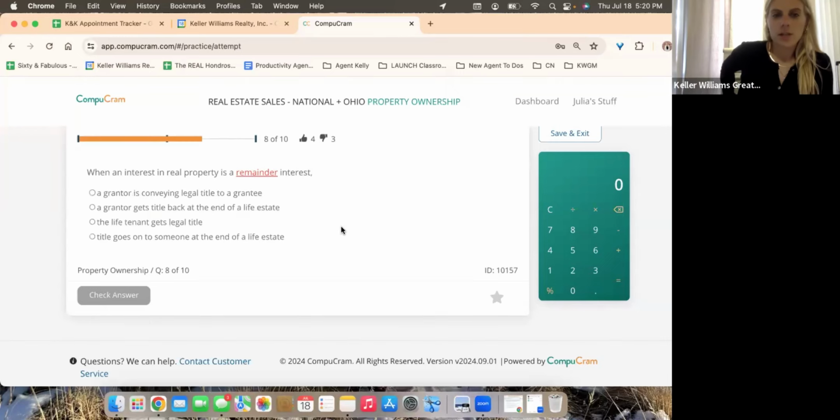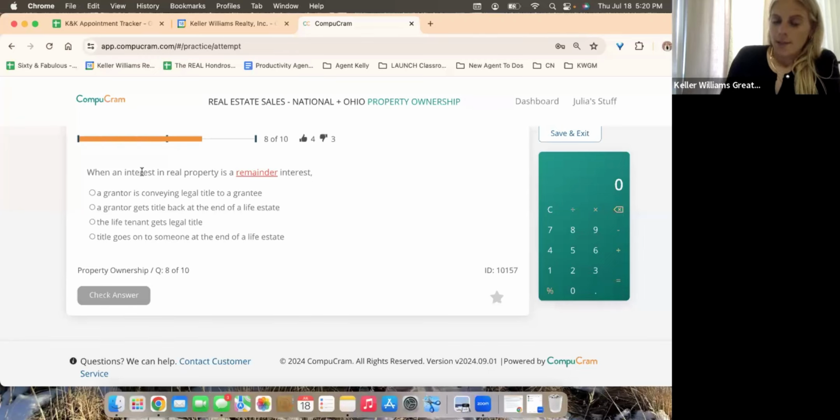When an interest in real property is a remainder interest, is that A, grantor is conveying legal title to grantee, B, a grantor gets title back at the end of a life estate, C, the life tenant gets legal title, or D, title goes on to someone at the end of a life estate.